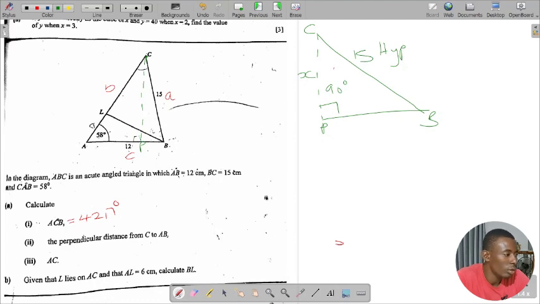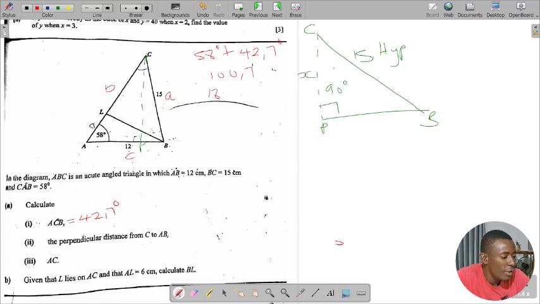So now we have 58, and we have found C. So we say 58 plus 42.7 from 180, because interior angles of a triangle add up to 180. So we say 58 degrees plus 42.7 degrees is 100.7.